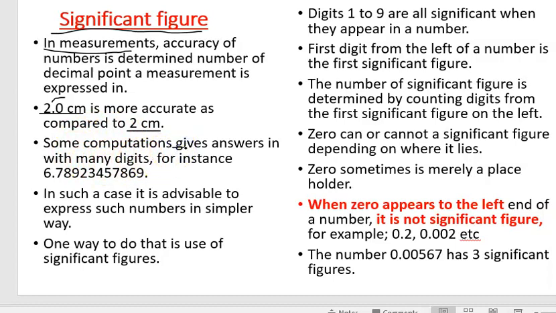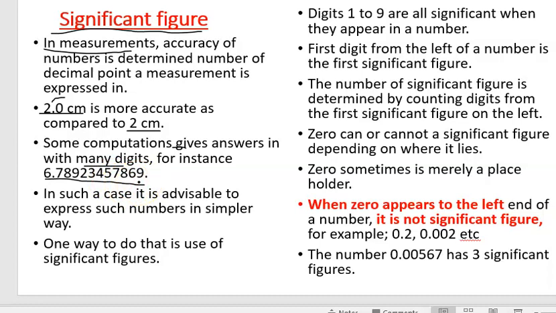Now, some computations usually give us answers with many digits. You may have done a computation and found that it gives you a number with so many digits. For instance, you may calculate a particular sum and get that the correct answer is 6.78923457869. Such a number has so many digits.